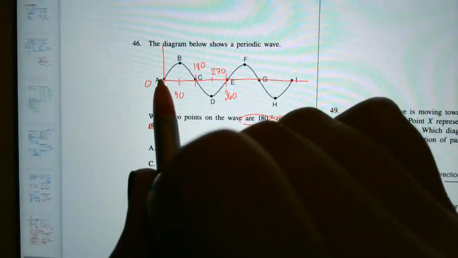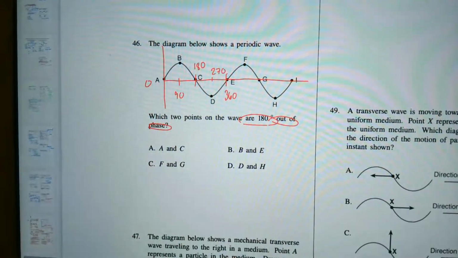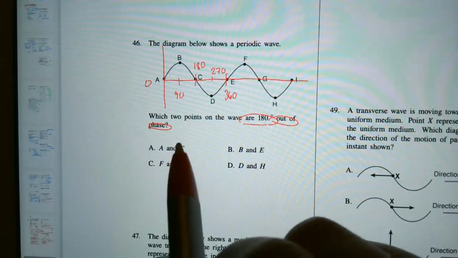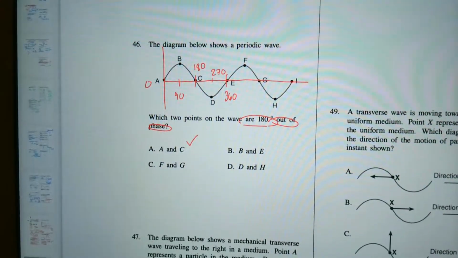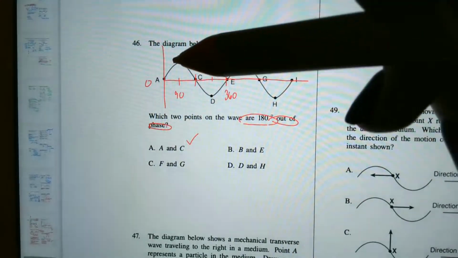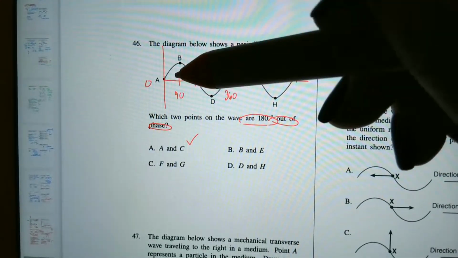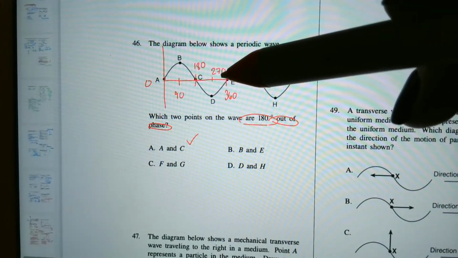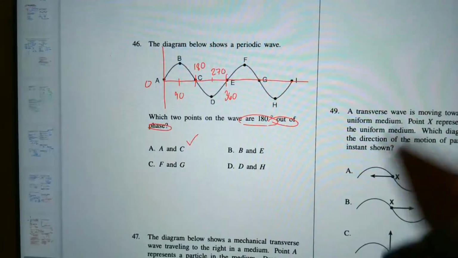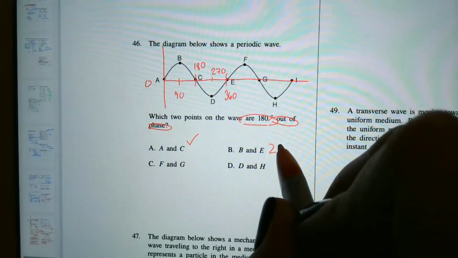So A and C are from here to here is 180. So this works. But let's make sure the other answers are bad. B and E. So B is 90, 90. That's at 180 already. So we are at 270 degrees apart. So that's no good.